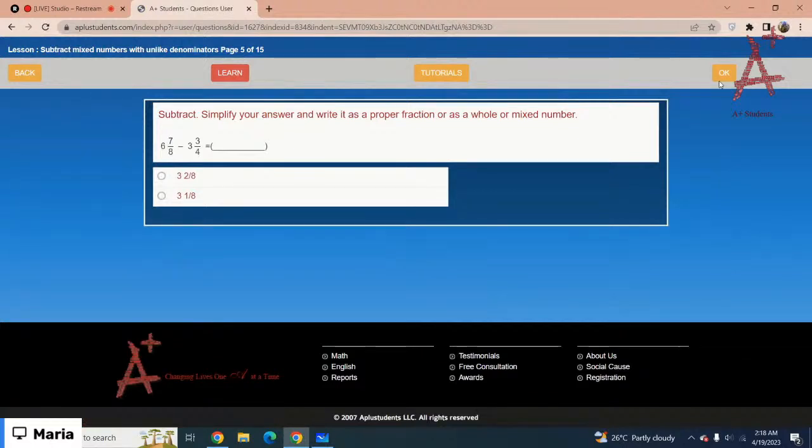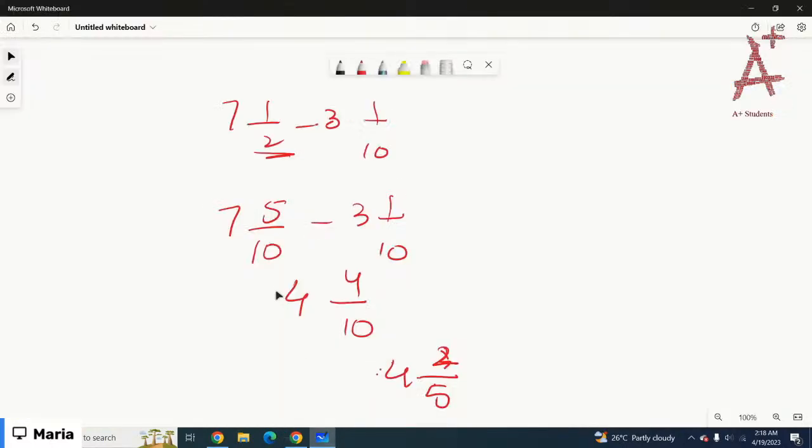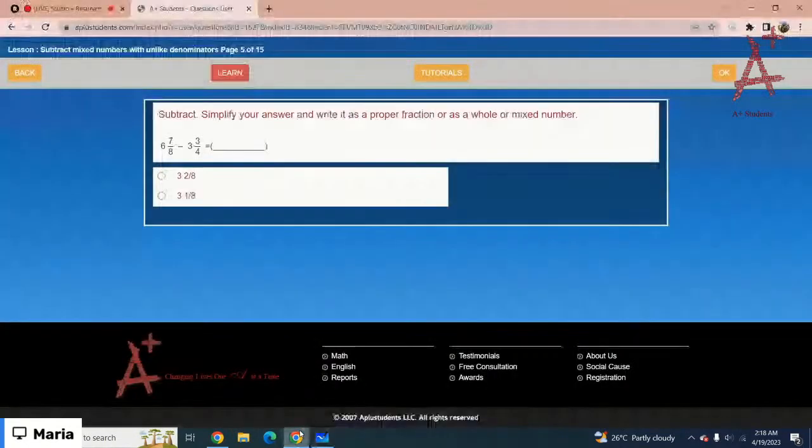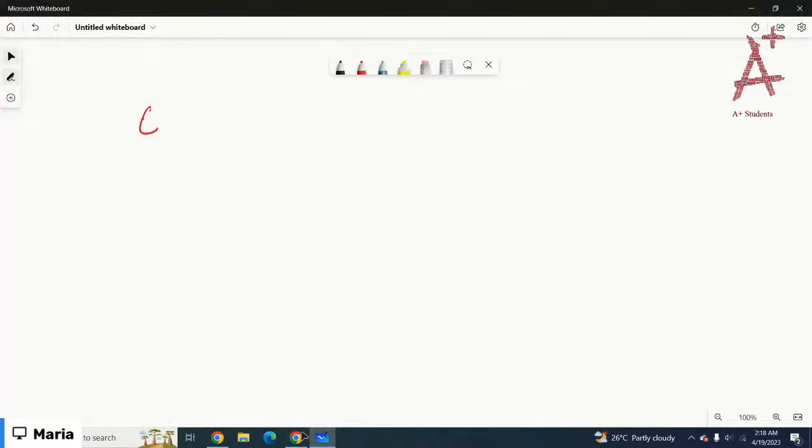Okay, the next one is 6 whole 7 over 8 minus 3 whole 3 over 4. First of all, we need to make their denominator same. So 2 times 4 is 8, so you have to multiply this by 2.